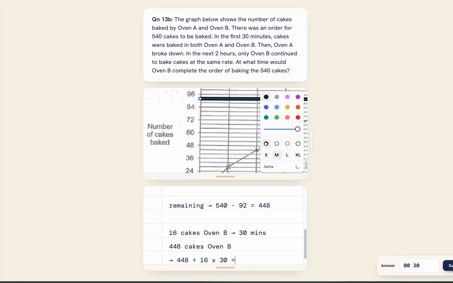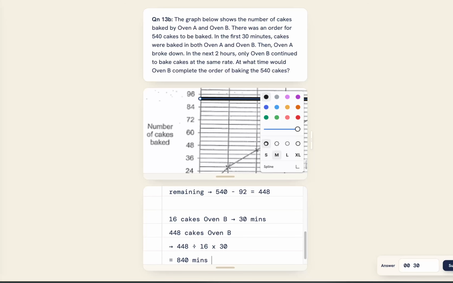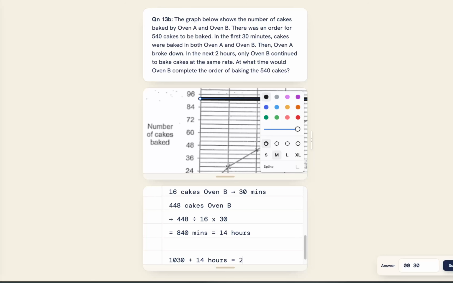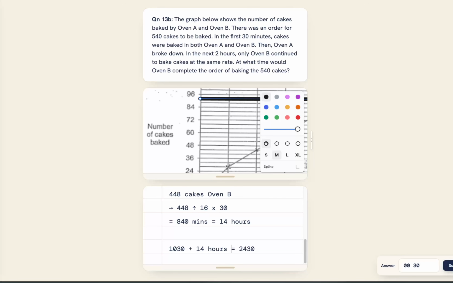And this will give us 840 minutes. Or if you simplify this, this will then be 14 hours. So that means 10:30 plus 14 hours would be equal to 2430? Okay. So there's no such thing as 2430. It's actually 0030. So therefore, that's the answer, 0030.